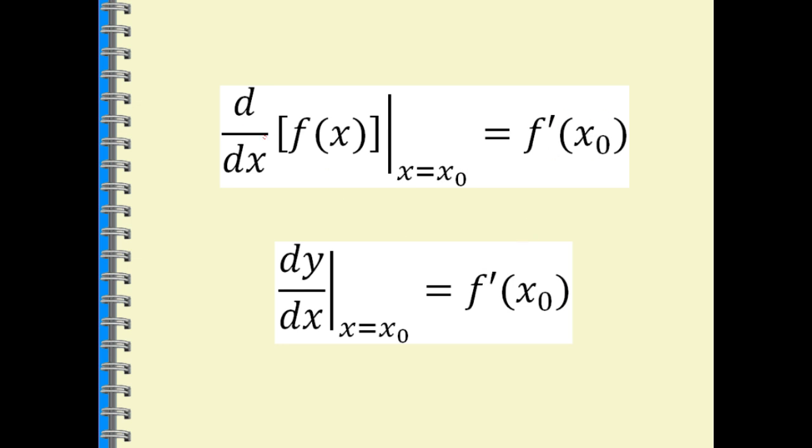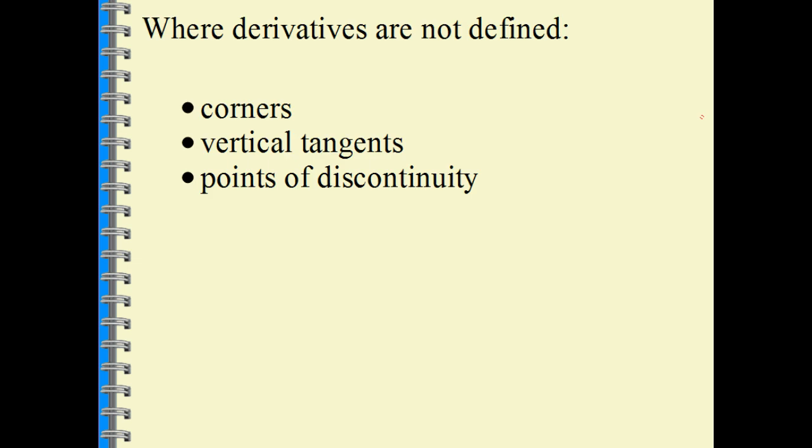So if you see d f of x dx evaluated at x equals 2, you're just putting 2 into your f prime function. Same thing with dy dx at x equal to 6: you're just putting 6 into your f prime function. Okay, now that we have the notation, let's talk about where derivatives are not defined.